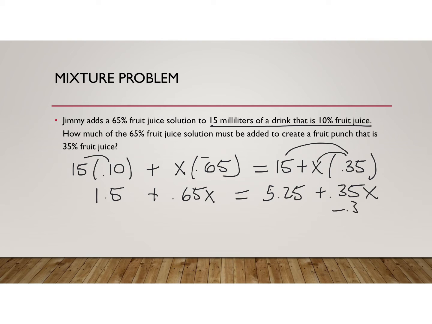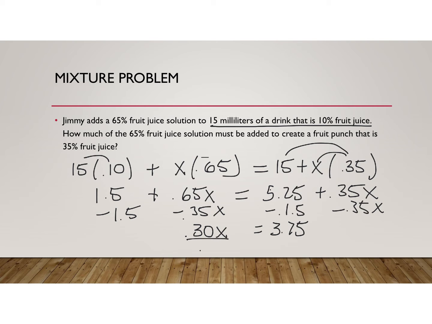I'm going to subtract 0.35x from both sides, which is 0.30x. I'm going to subtract 1.5 from both sides, which is 3.75.